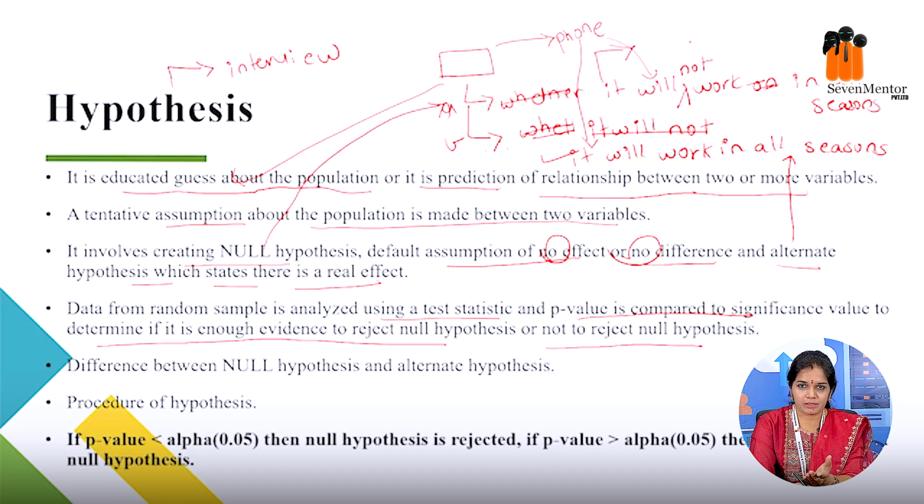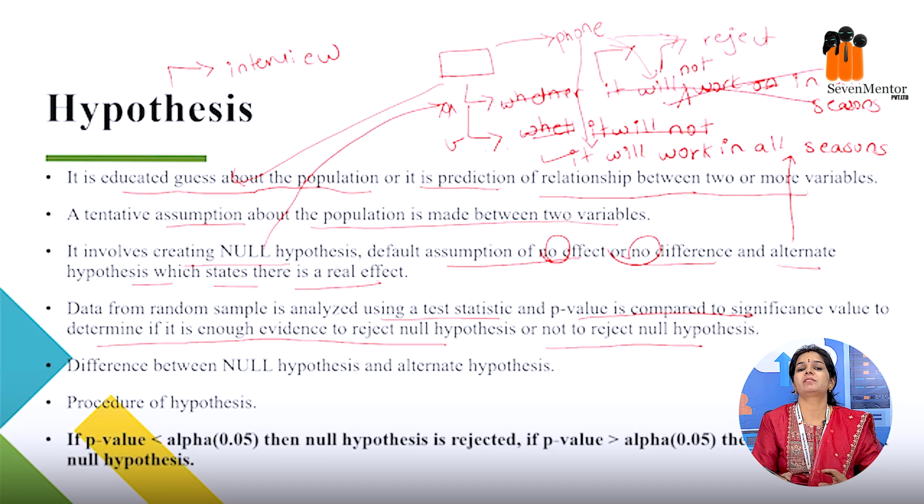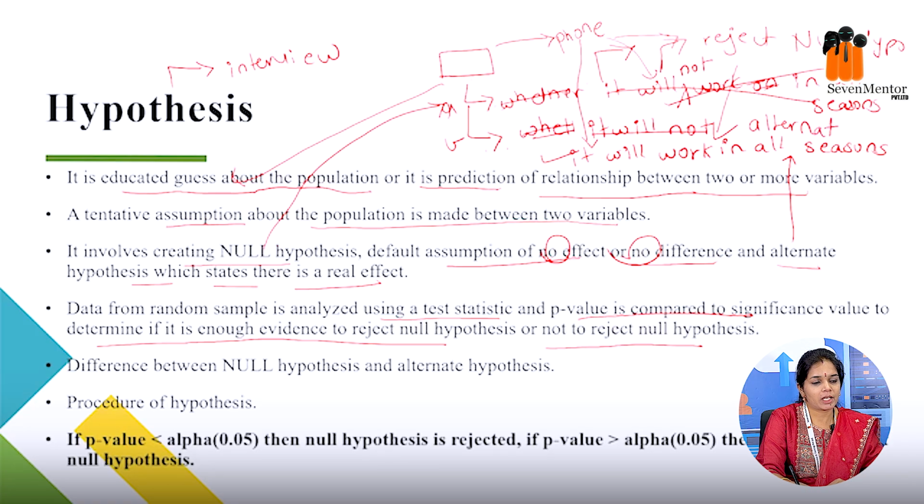If I get enough evidence against it, I reject the null hypothesis. If I don't get any evidence for the null statement, then I will reject this statement, which is nothing but the null hypothesis, and accept the alternate hypothesis, the one which I wanted.